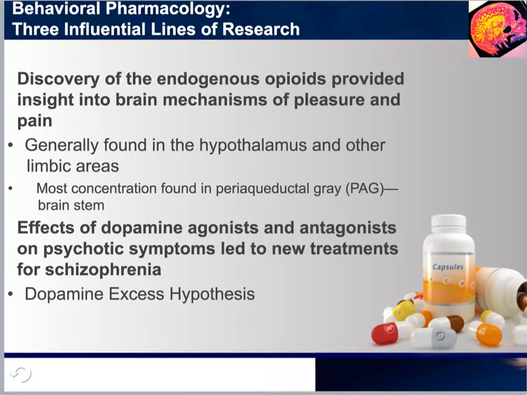We also find that the effects of dopamine agonists and antagonists on psychotic symptoms have led to the development of treatments for schizophrenic individuals. And this is based on the dopamine excess hypothesis, which claims that the positive symptoms in people with schizophrenia, which are the hallucinations, visual and auditory, are brought about by an excess amount of dopamine.